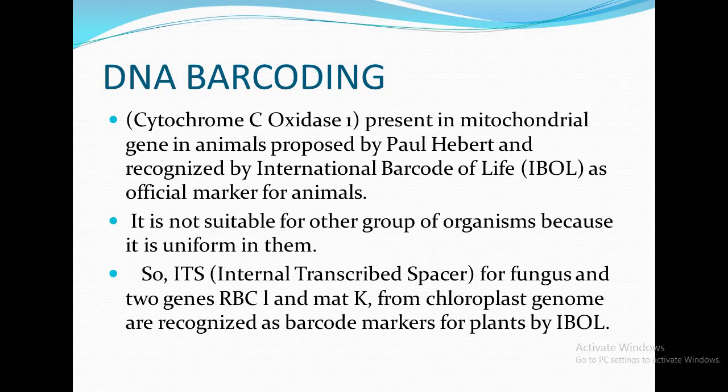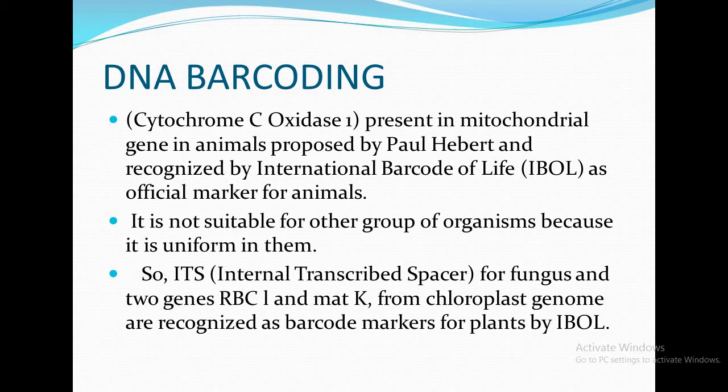Cytochrome C Oxidase 1, which is present in the mitochondrial gene in animals, is often regarded as the official marker for animals. It is proposed by Paul Hebert and recognized by the International Barcode of Life.